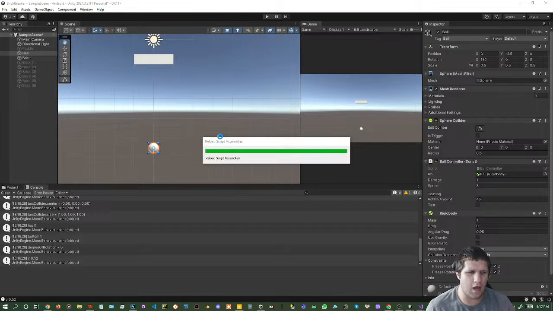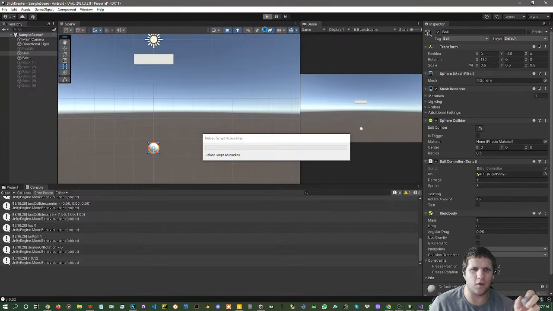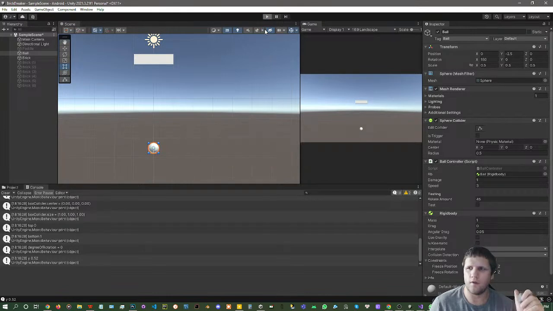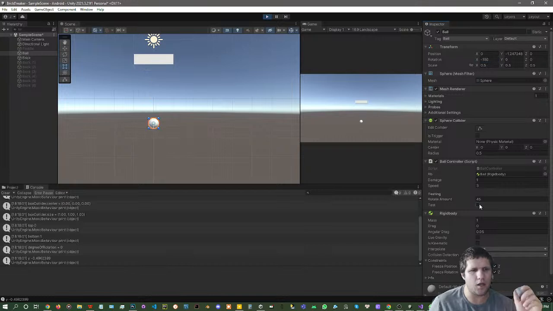So now it should also flip its direction as well. Let's play it. Set the direction to up. Click test and perfect.